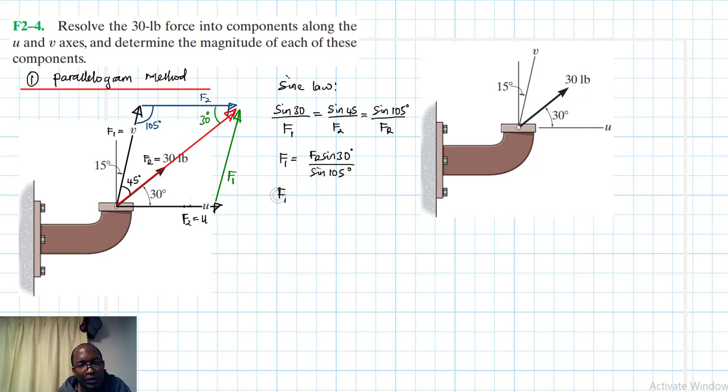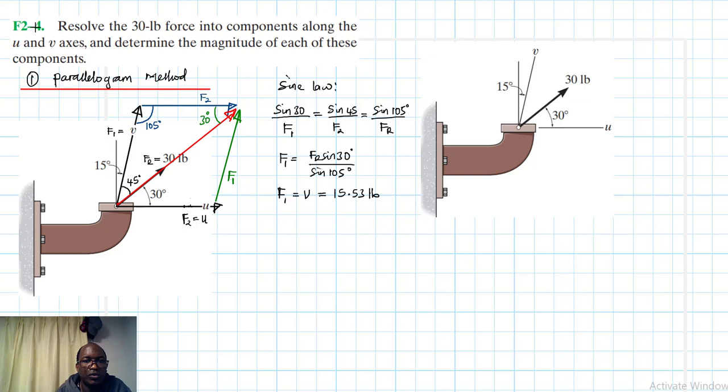Therefore, F1, which is V, is equal to, since we know FR is 30, 30 sine 30 divided by sine 105. So this gives us 15.53. What are the units? Pounds.